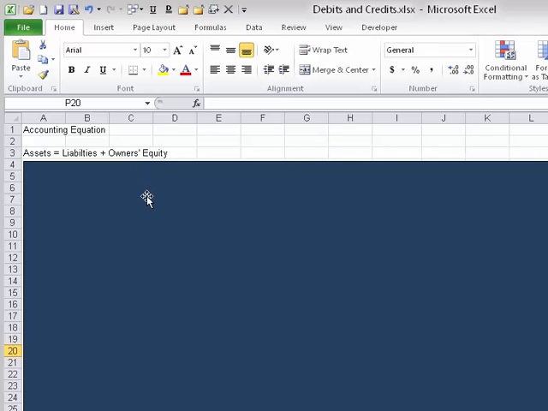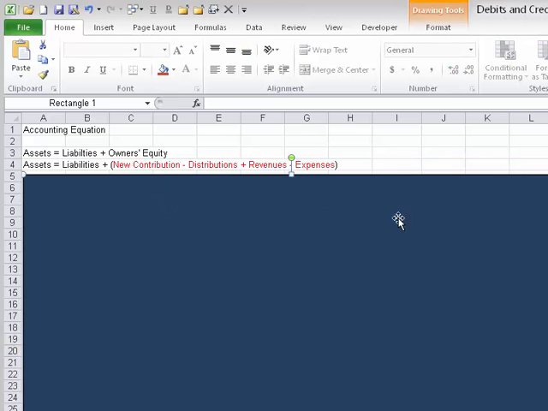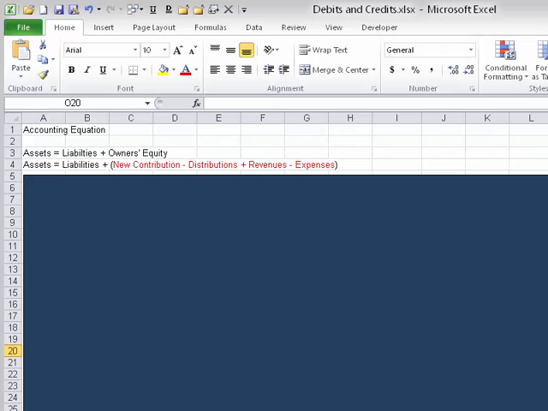But you also know by now that owner's equity is broken down into components. So we can expand owner's equity to say it consists of new contributions, less distributions, plus revenues, minus expenses.